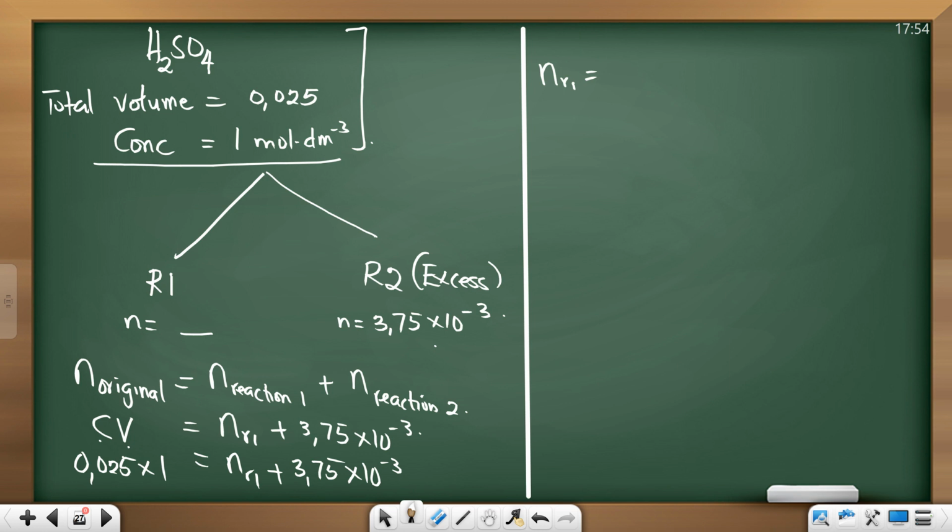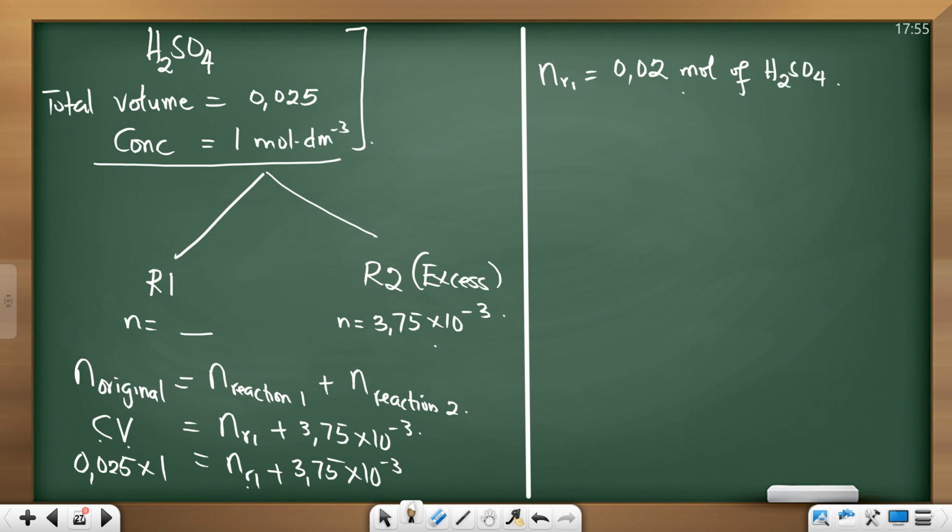Can we please confirm that? Number of moles in reaction 1. Let's confirm. Let's do the maths. Everybody do the math. 0.025 minus 0.02 moles of what?